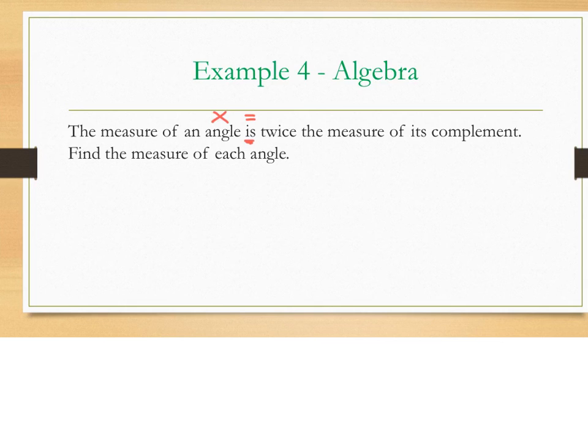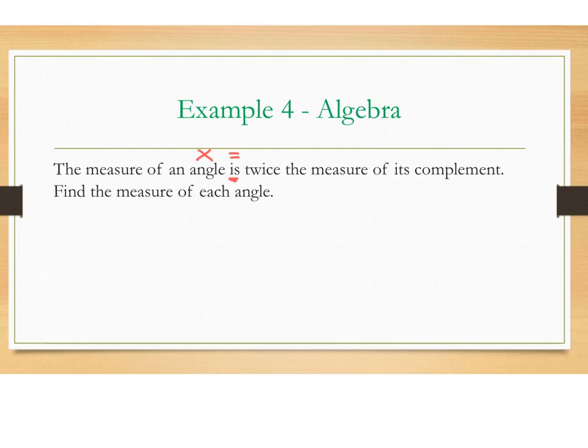Now, let's think about this. If I have an angle here, and let's say I told you that these two angles were complementary. Let's say I tell you this one's x and this one's 40. What would you do to find x if I told you that those two angles were complementary?